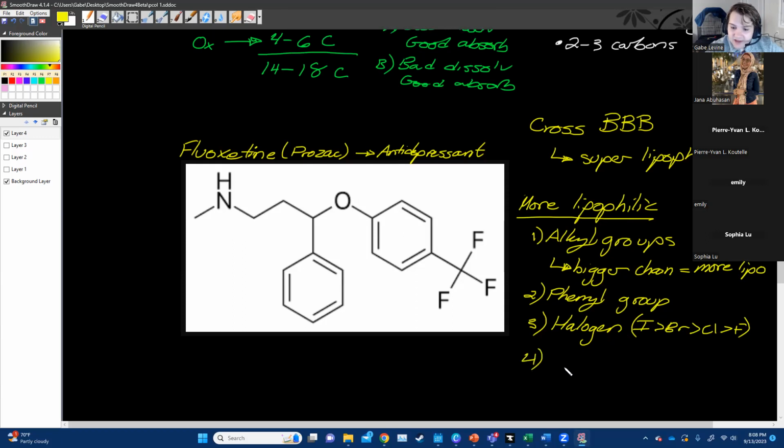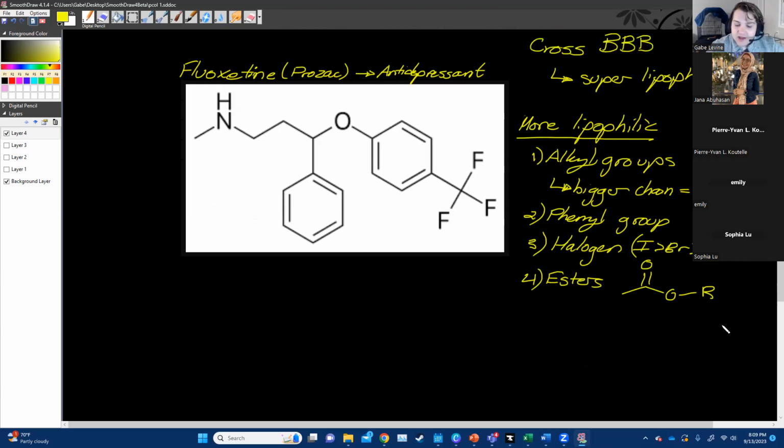And then finally is esters, which, if you remember, is where you have this carbon. Exactly, right. And we'll talk about that in a second. And this oxygen is branched onto an R group. The reason why esters are considered lipophilic is because they easily convert, once they enter into the body, into carboxylic acids.